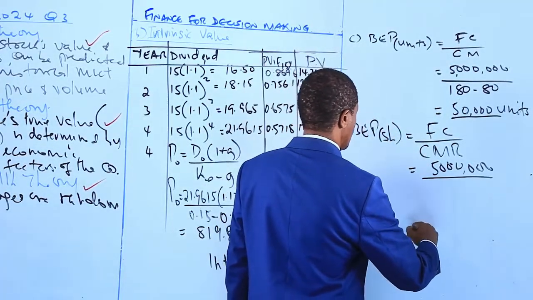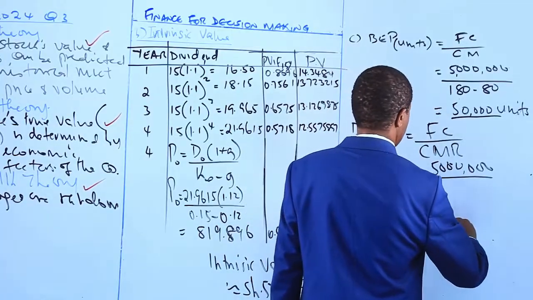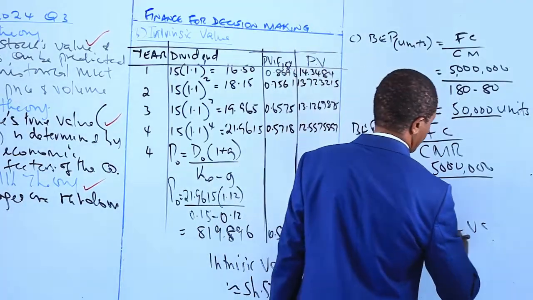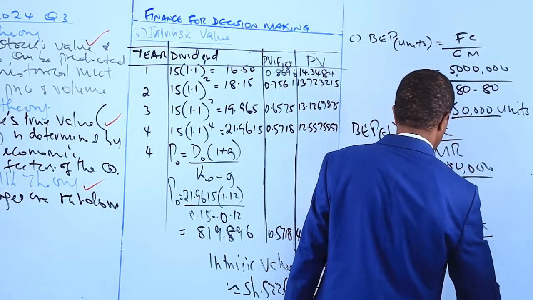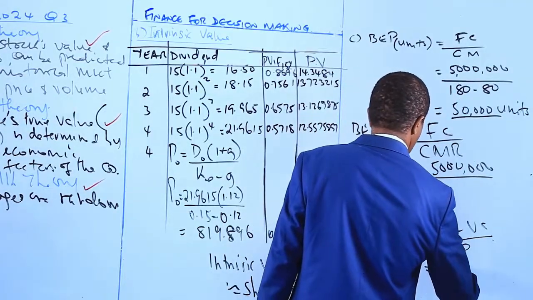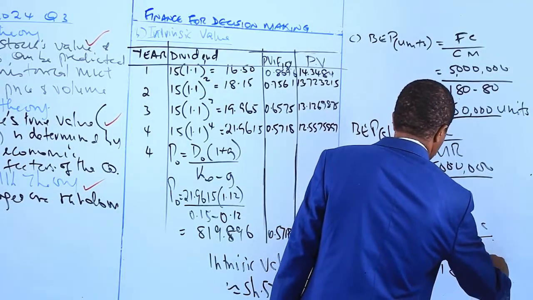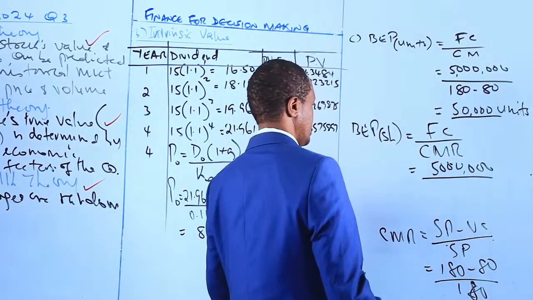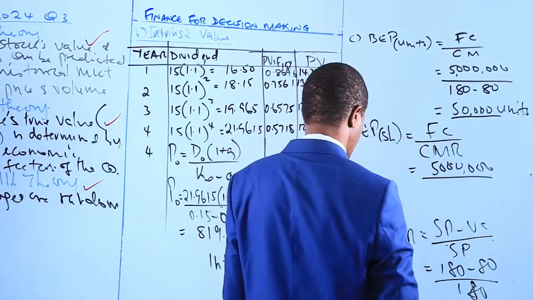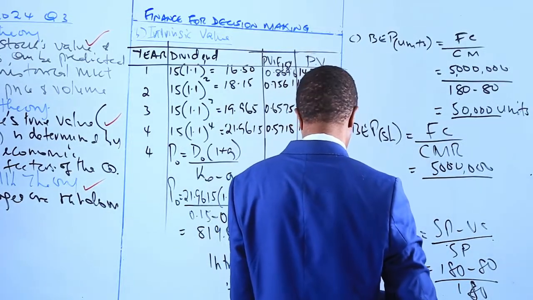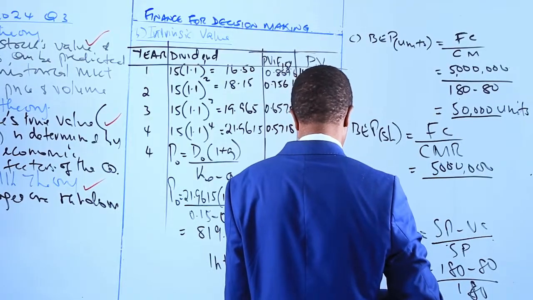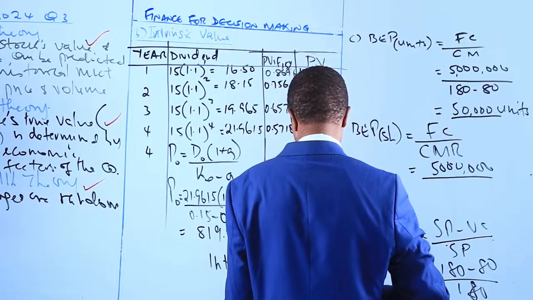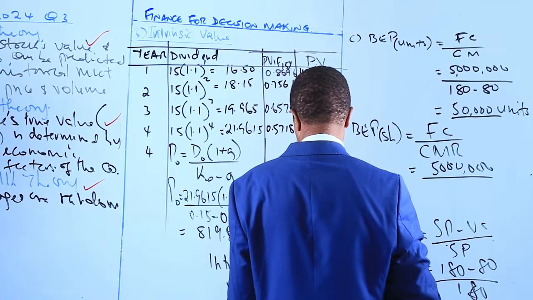The contribution margin ratio is equal to the selling price minus variable cost, which gives us the contribution, then we divide by the selling price. So this will be equal to 180 minus 80 over 180. So 180 minus 80 is equal to 100. 100 divided by 180.